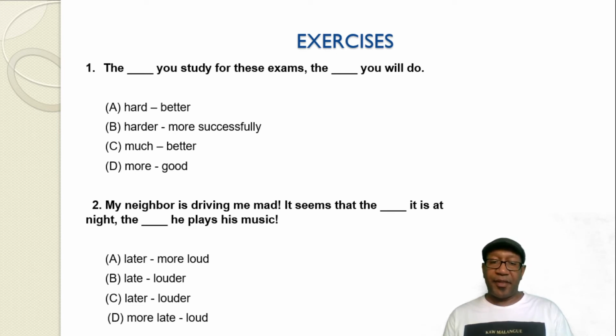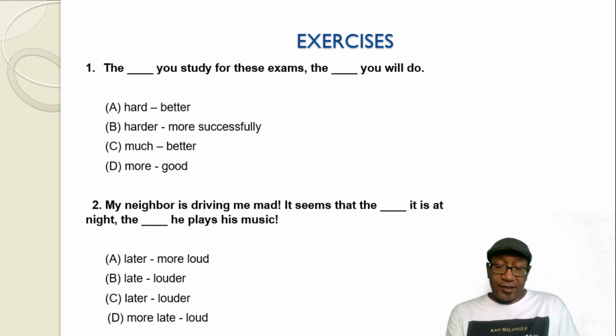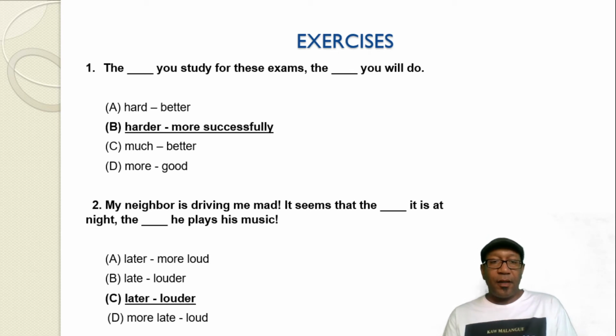It seems that it is at night, the he plays his music. So let's check the answers. The harder you study for these exams, the more successfully you will do. And the second one: my neighbor is driving me mad. It seems that the later it is at night, the louder he plays his music.